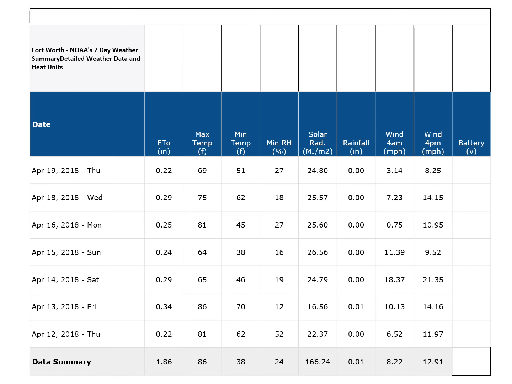Your minimum temp was 51. Your minimum relative humidity was 27. Your solar radiation was 24.8. Rainfall was 0. Wind at 4 a.m. was 3.14. Wind at 4 p.m. was 8.25. So it has data for you to use, especially evapotranspiration.